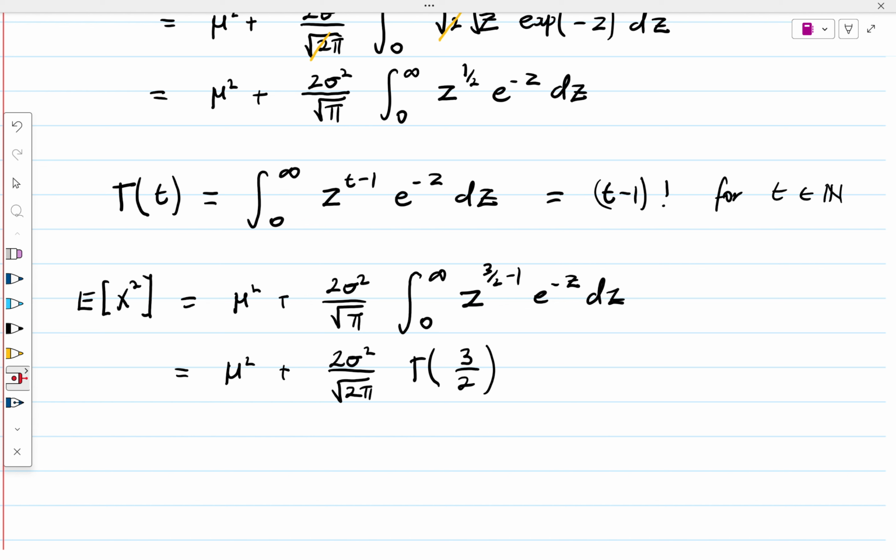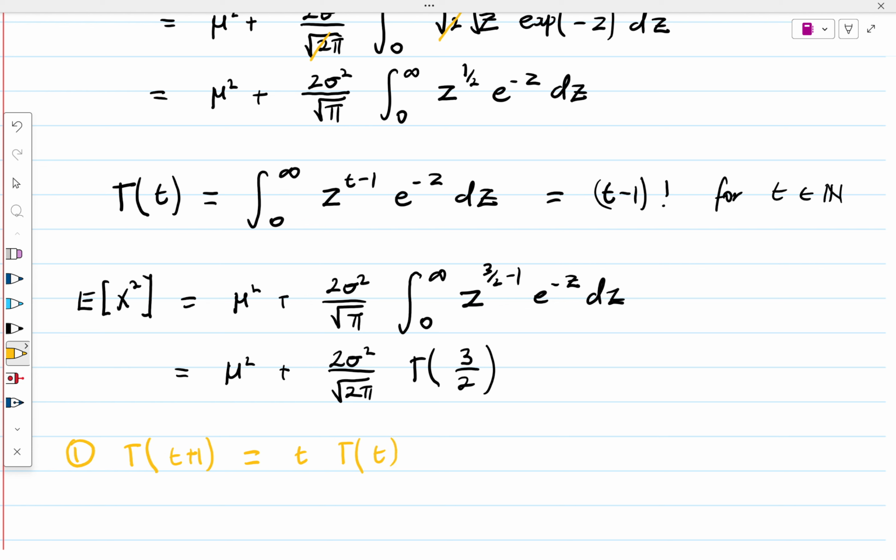Now, here is an important property of the gamma function. There are two properties that are really important. Property number 1 is this: gamma of t plus 1 is equal to t times gamma of t.